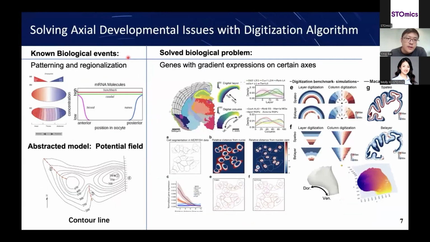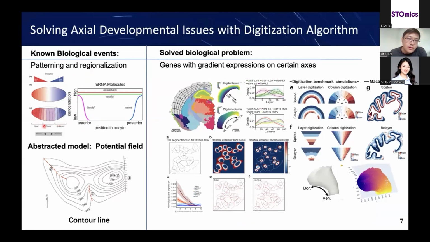And here is another example. A well-known biological event during development, for example in Drosophila, is that many genes have gradient expression along the developmental axis. We call this phenomenon in biology patterning or regionalization.